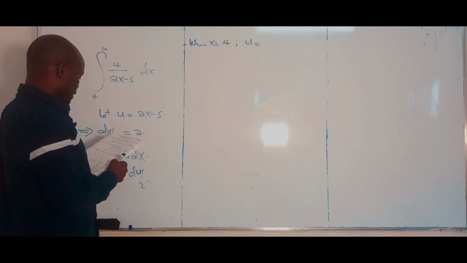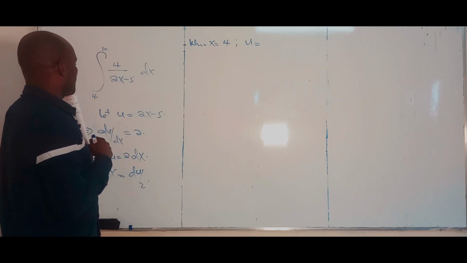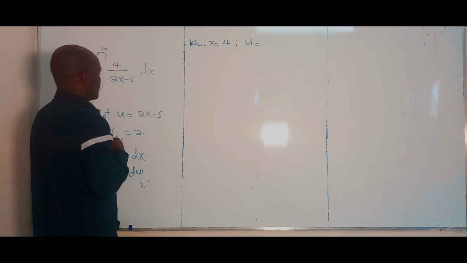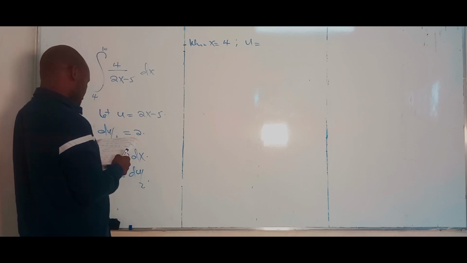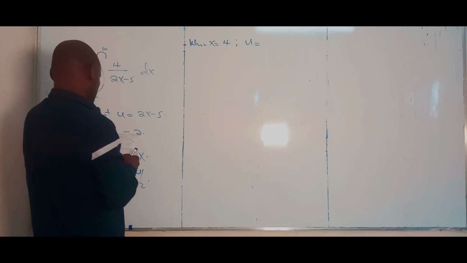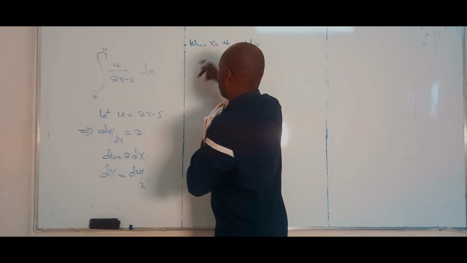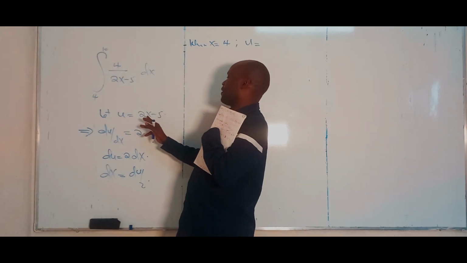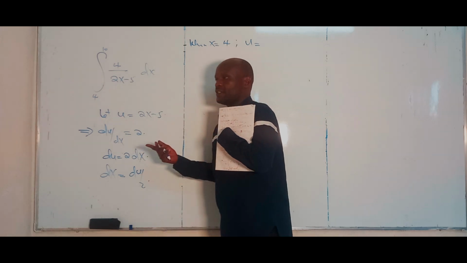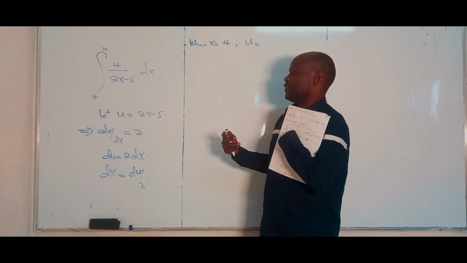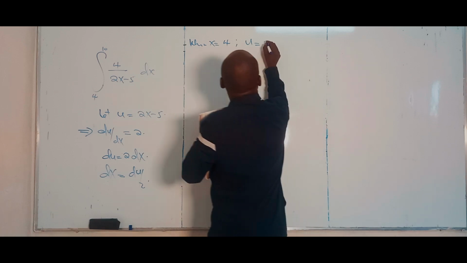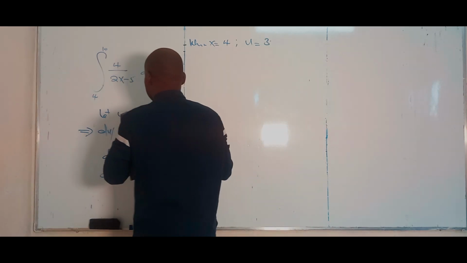Let u be 2x minus 5. So here we have 8 minus 5, which is 3.